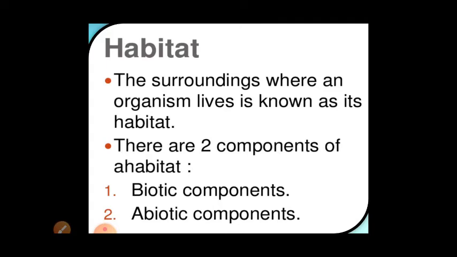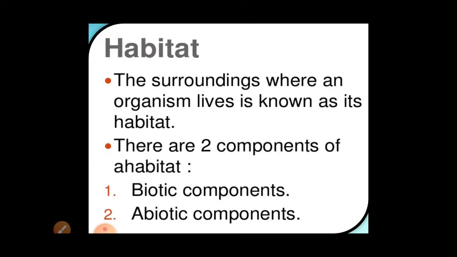Human beings have habitats like a village or city, where we make our home. Where we are living, the surroundings and whatever things are there, all together make their habitat.